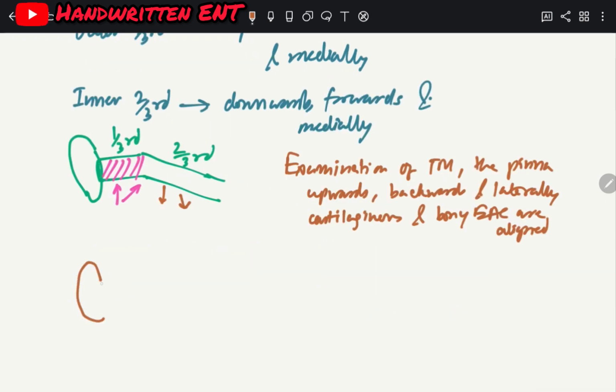So when we pull the ear laterally, upwards and backwards, the EAC gets kind of in a straight line, so we can visualize the tympanic membrane well.